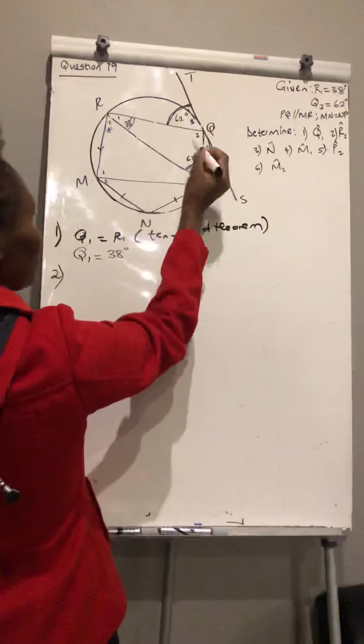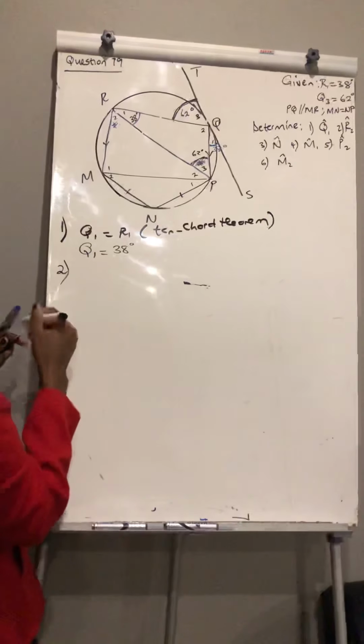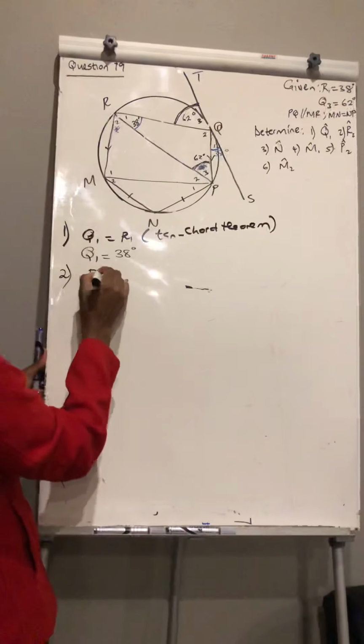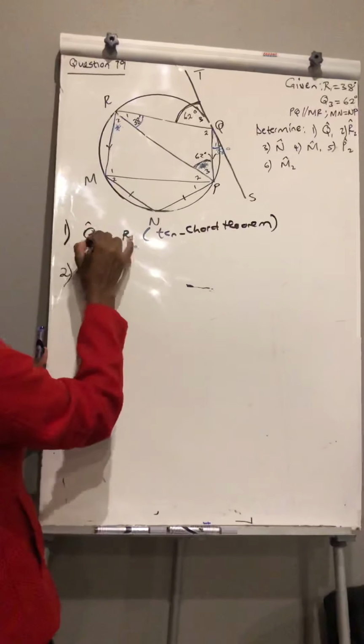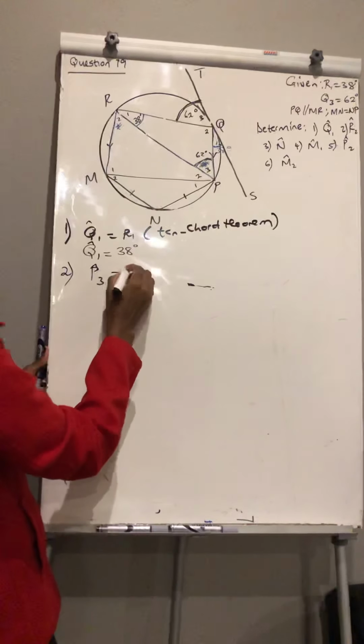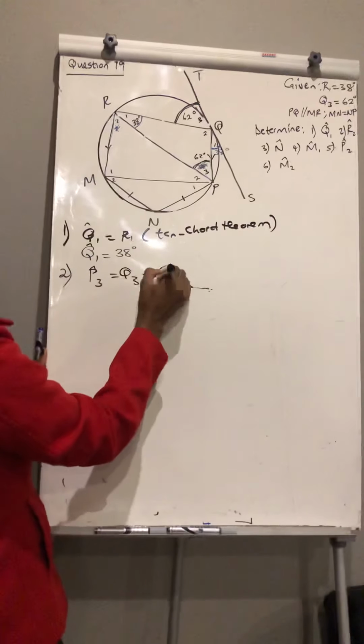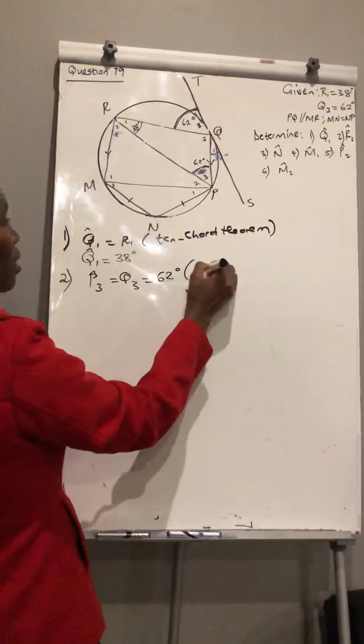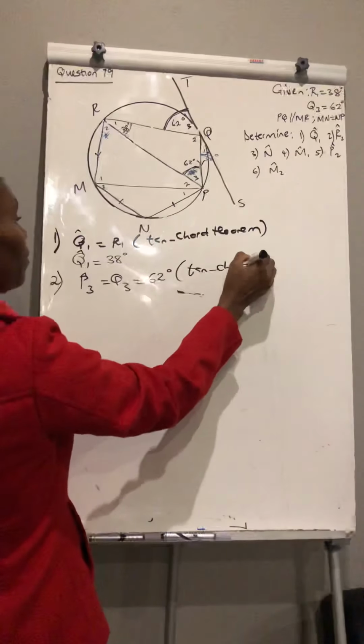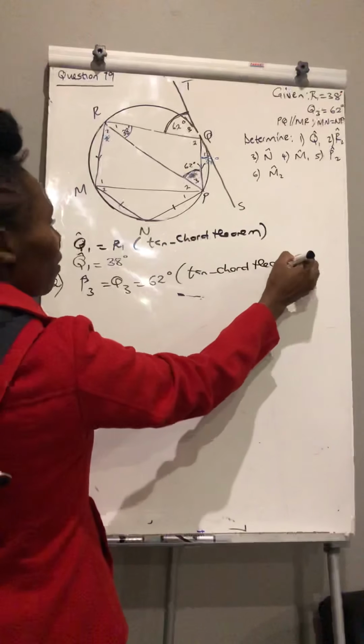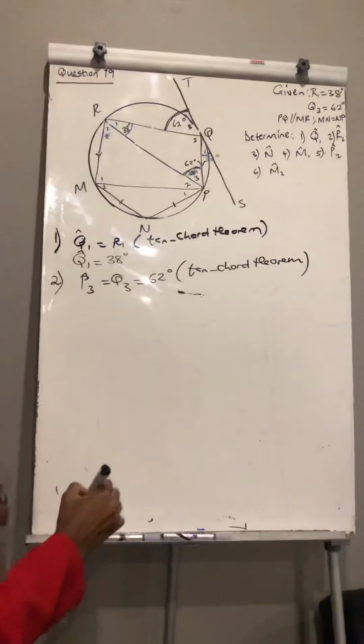So here it should be 62 degrees from our tan chord theorem. So as you can see, I'll have to pass via P3 being equal to Q3, which is already given as 62 degrees. That is the tan chord theorem again. Our theorem 7 is the boss, like I've already mentioned before.